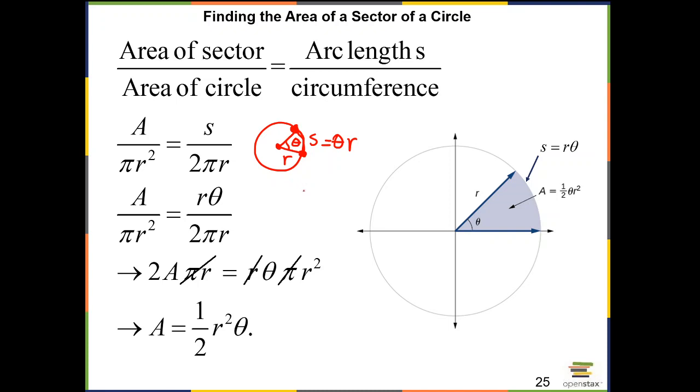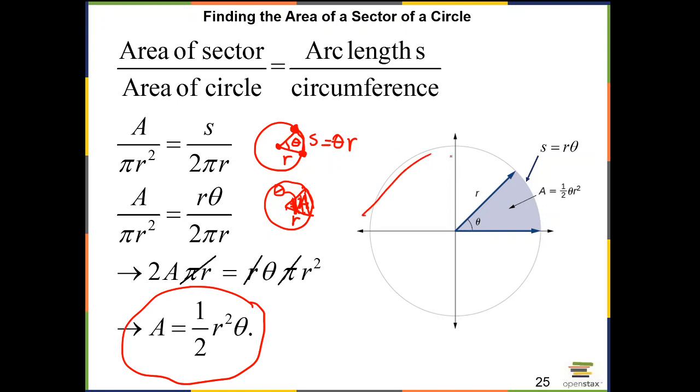Now, it turns out that if you have, let's say, a pizza, and you want to find the area of this slice, let's call it A, and R, and that angle theta, so this angle right here is theta, the relationship between them is this right here, which is similar to the relationship for the area of a circle.